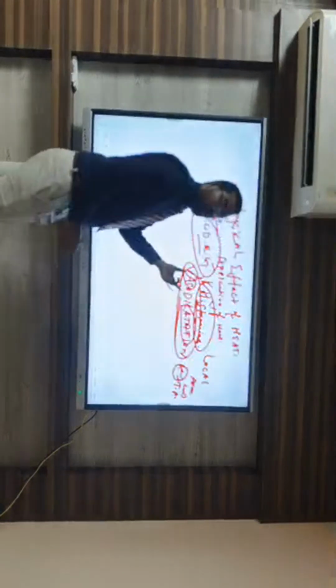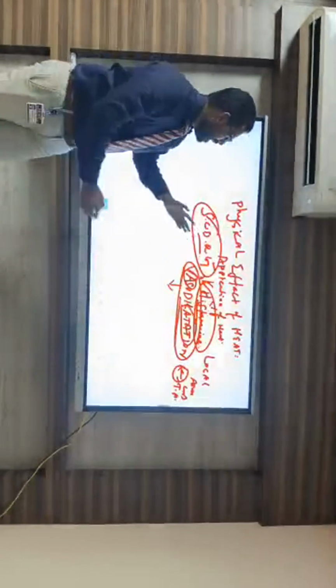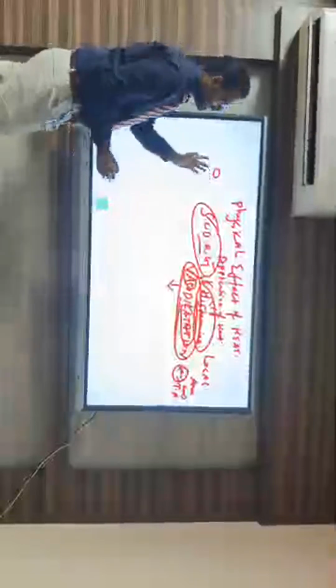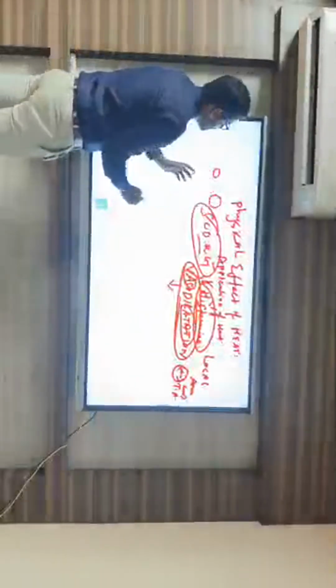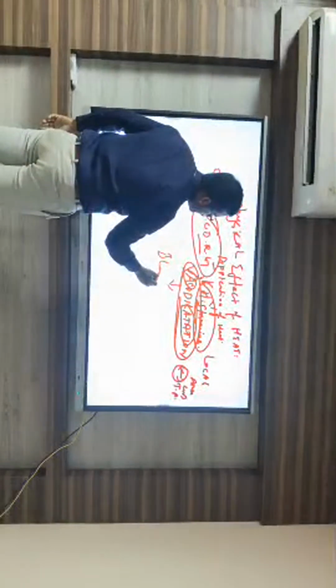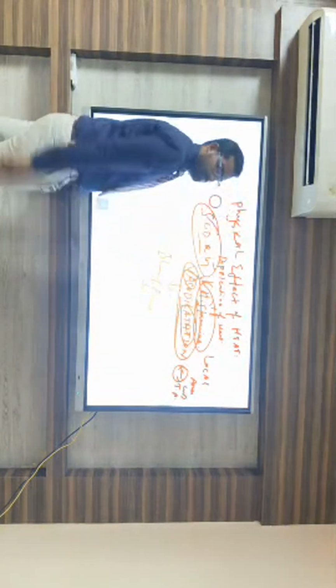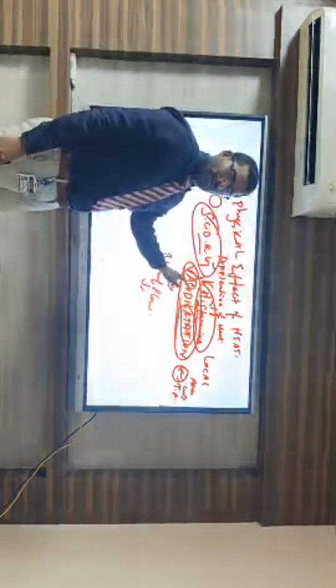So what happens after the vasodilatation? The vessels are like this. What happens once the blood flow is increased to the local treatment area because of this vasodilatation?